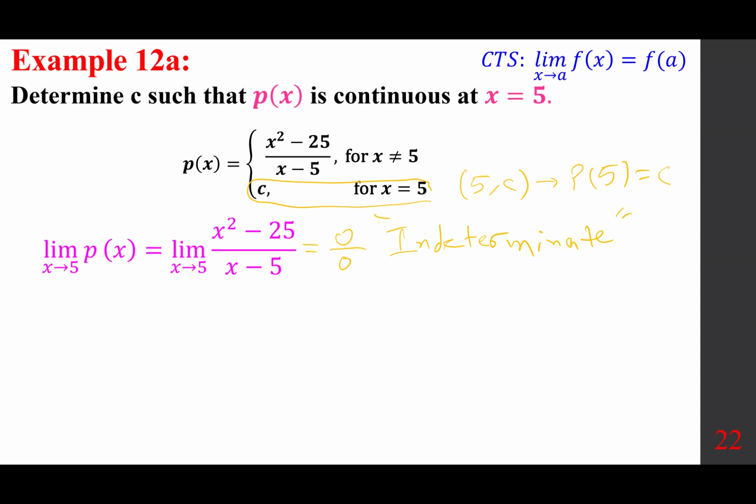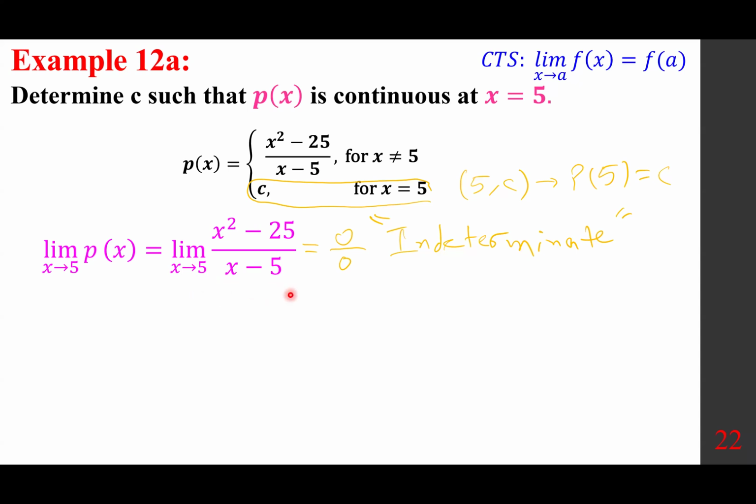In the case of an indeterminate form, it simply means more work. Use your algebraic technique to fix the problem. The problem is the 0 in the denominator, not in the numerator. So you're hoping to get rid of that. Factoring is the technique that will do the job. And by the way, since X is approaching 5, you really should have a factor of X minus 5.